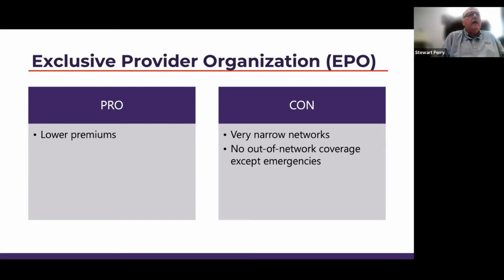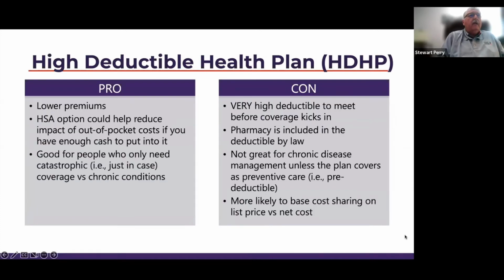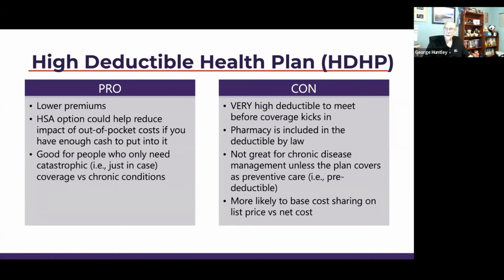Okay, so let's go back to high deductible health plans again. You've talked about a lot of this stuff, but let's talk about the cons. All right, so the con of a high deductible health plan is the deductible is super high. And to your point, it's $1,500 minimum. Many of them are up to $5,000. So you've got to have the cash flow to be able to afford that out of pocket before your insurance kicks in.